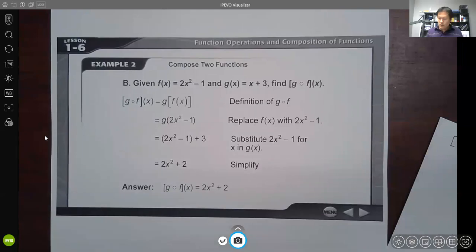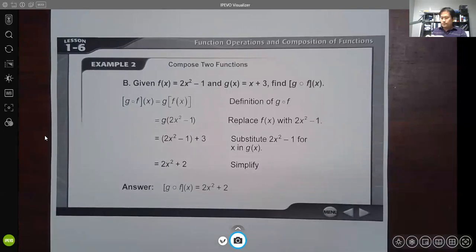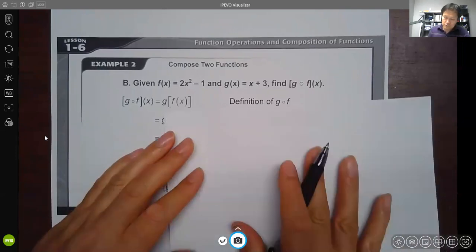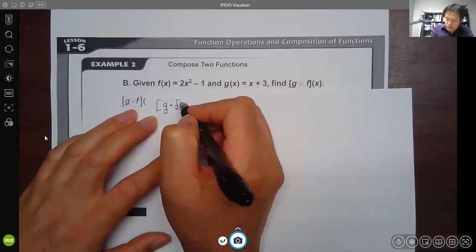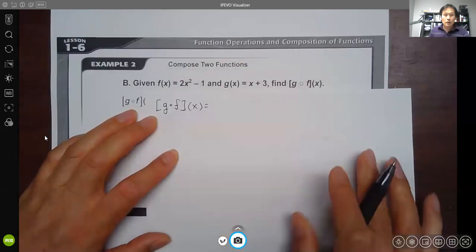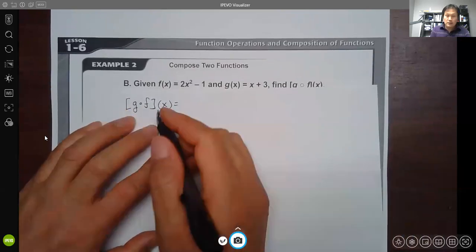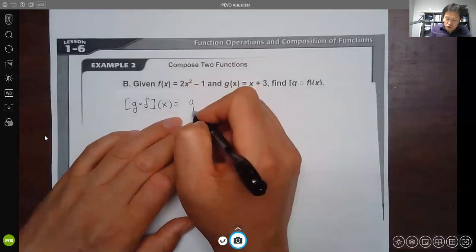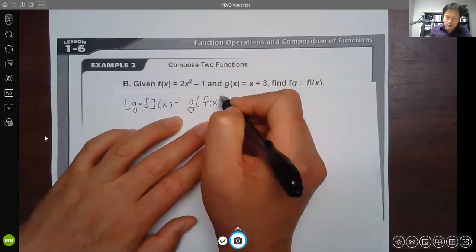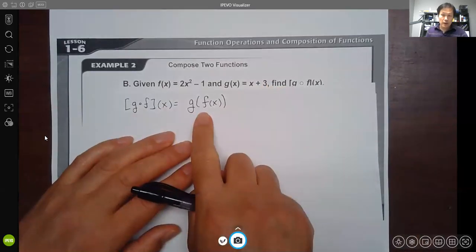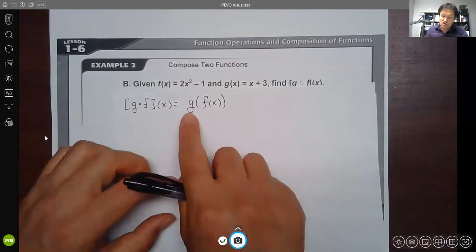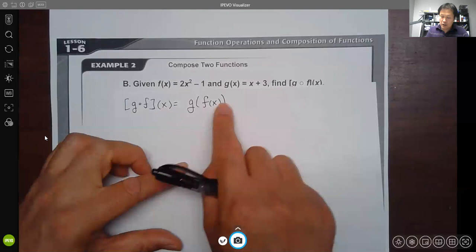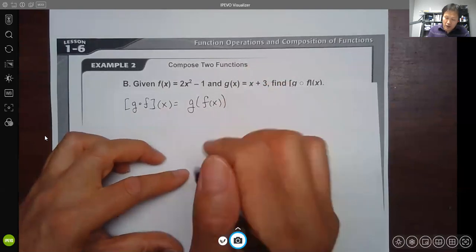Okay. The next question is very similar, but they switched around. They said find g of f of x. I want you to understand this is exactly the same writing as g of f of x. I like this notation better because it's clear what goes in and who is outside. G is outside. What does that mean? G is the function structure outside.